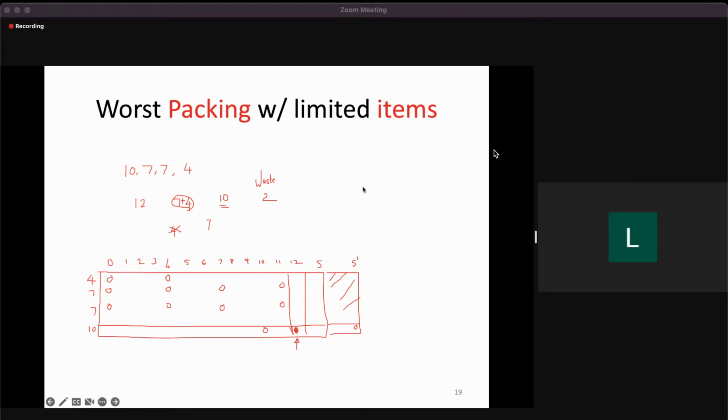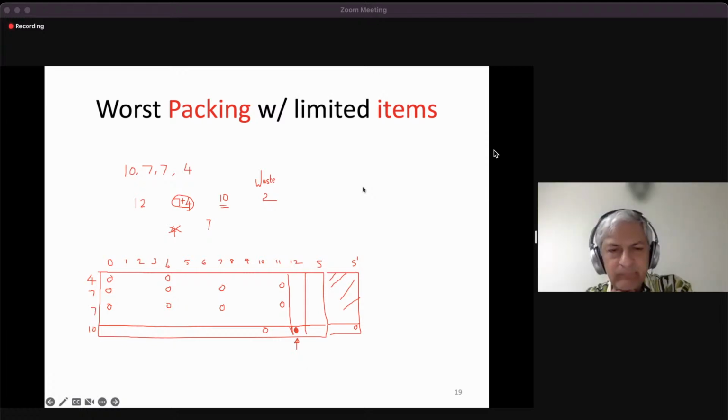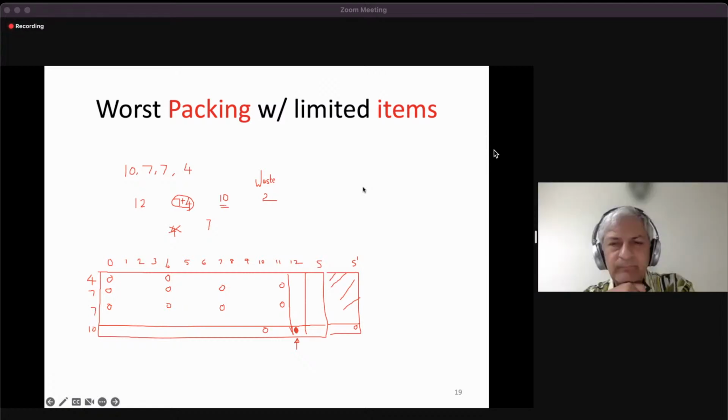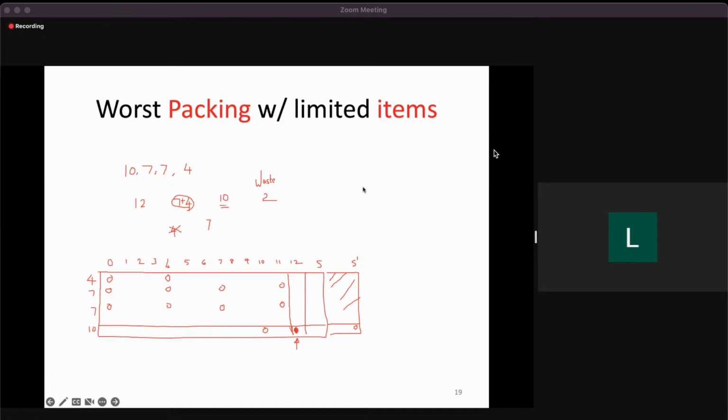So 12 minus 4 equals 8. And then from 8, we look at the last column to see what is the closest 0 to 8. And in this case, it would be 7. No, from 8 to 12. So you would go up, you wouldn't look back.